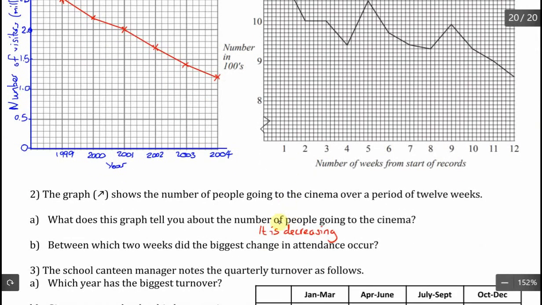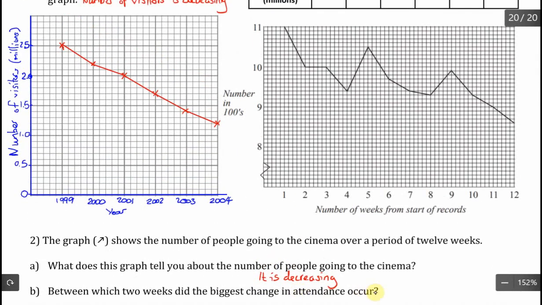B, between which 2 weeks did the biggest change in attendance occur? So we're looking for a steep line. It could be a decrease or an increase. So between week 1 and week 2, it's gone down 100. Yeah, it's gone down 100. Between week 4 and week 5, it's gone from 940 up to 1,500.